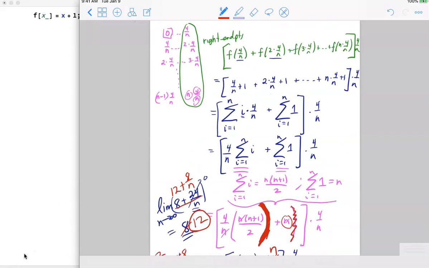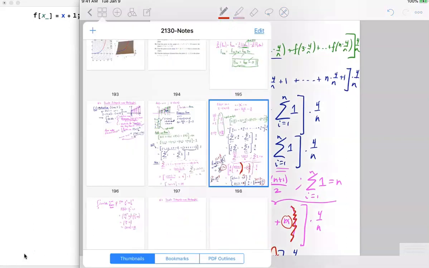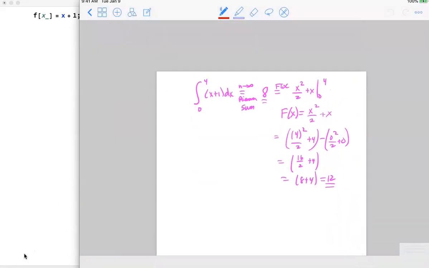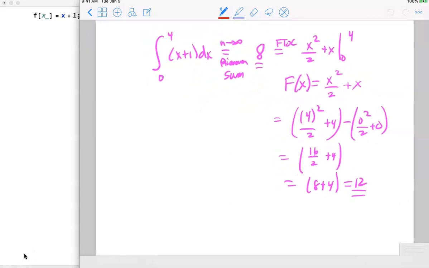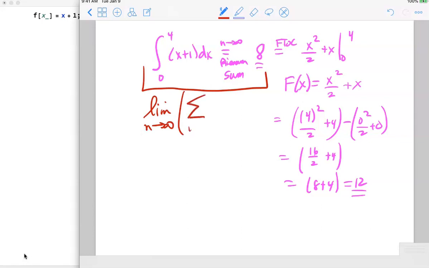But the point being that that's how the Riemann sum is done, and the meaning of that symbol is a Riemann sum. It is the limit as n goes to infinity of the summation from i equals 1 to n of the function evaluated at a plus i times delta x, multiplied by delta x.